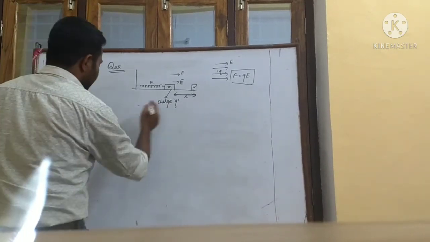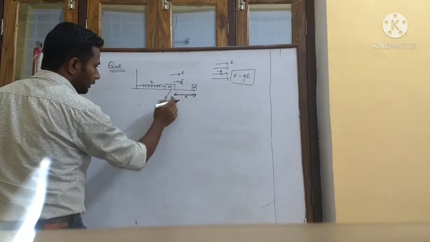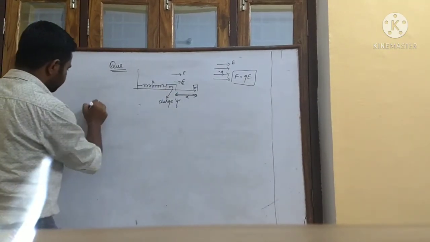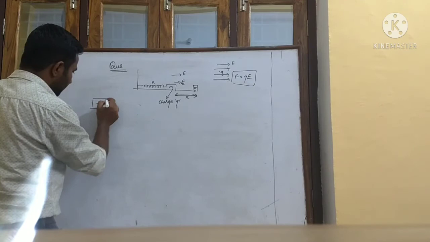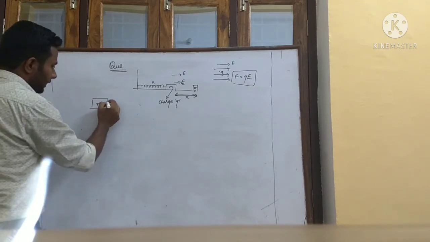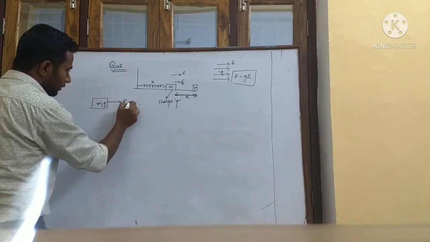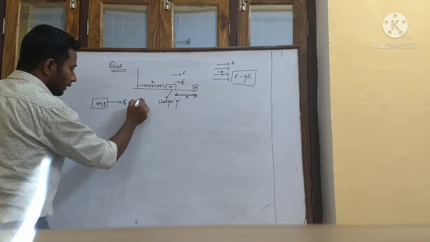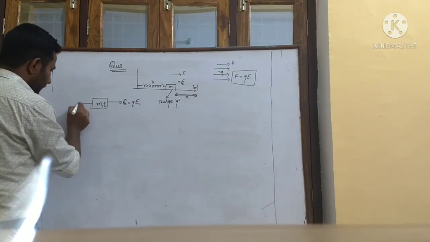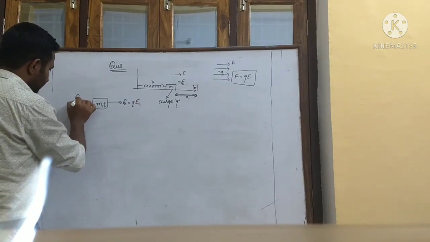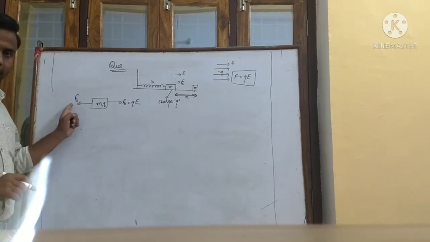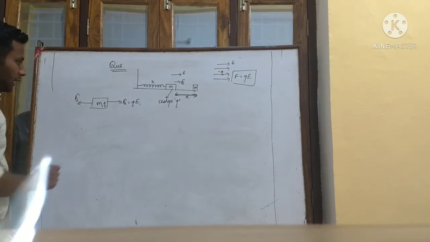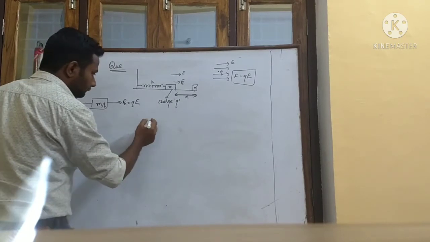Now see, if I draw the free body diagram of this block, so this is M having charge q, so it will feel force F equal to qE. And it will feel the spring force in this direction.